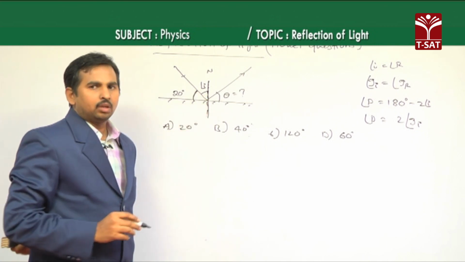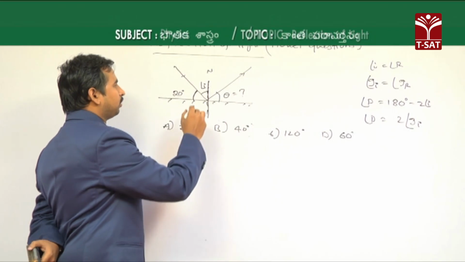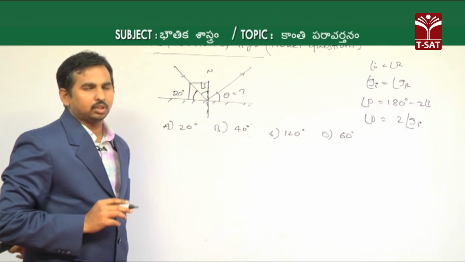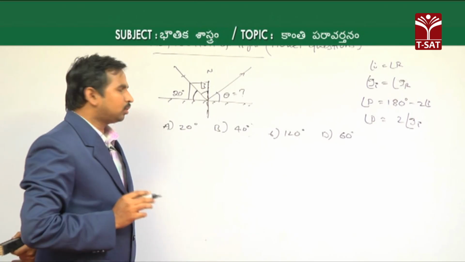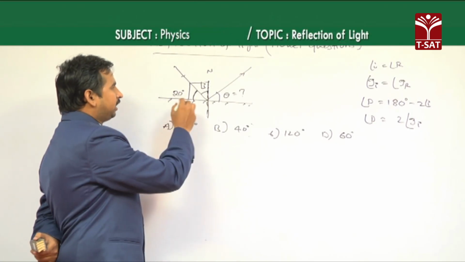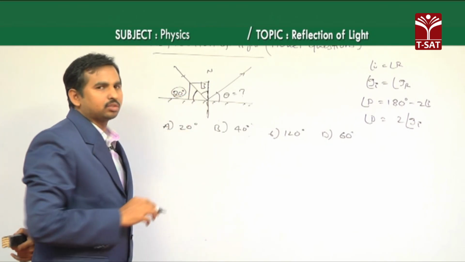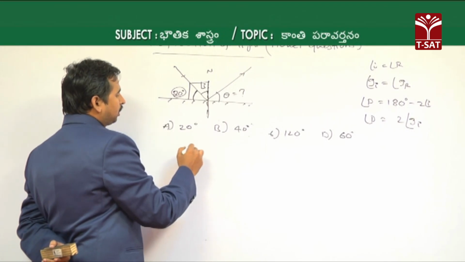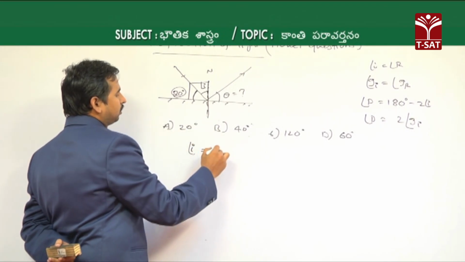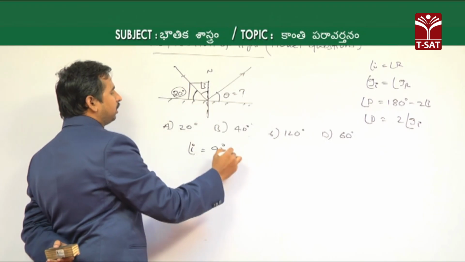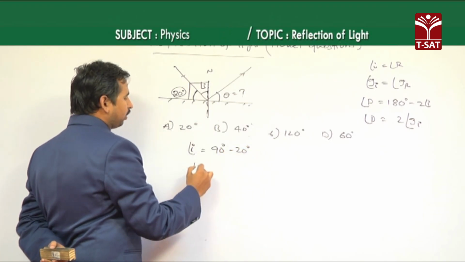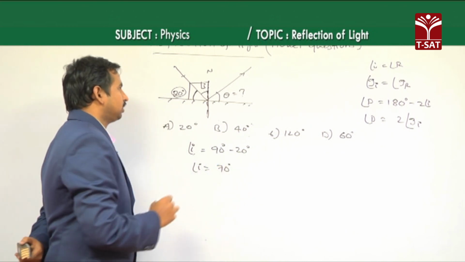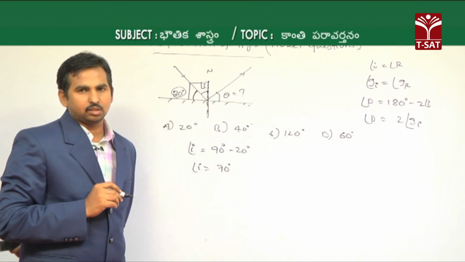The normal is a perpendicular line, which makes 90 degrees, and in that 90 degrees, 20 degrees is already given. So the angle of incidence becomes 90 minus 20, which is 70 degrees.